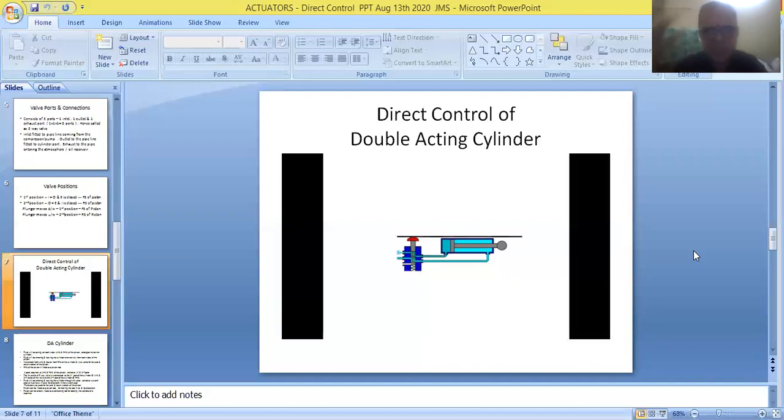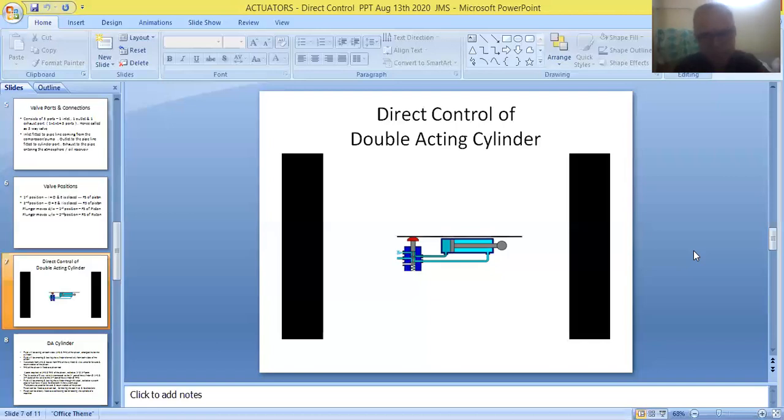So friends, just like single acting cylinders, double acting cylinders are used for moving tools in to and fro directions. They are also used for rotating spindles in clockwise directions.